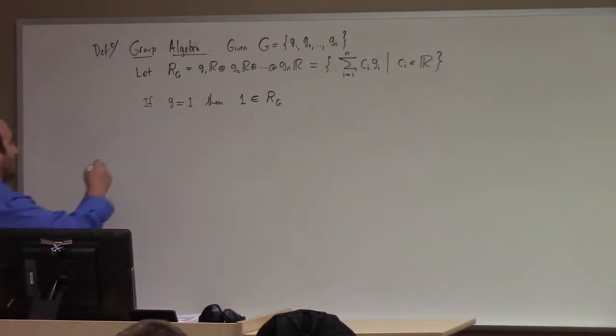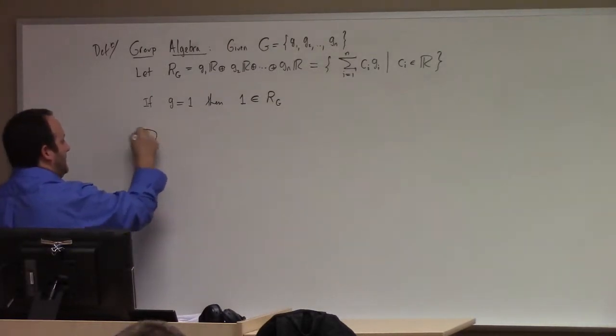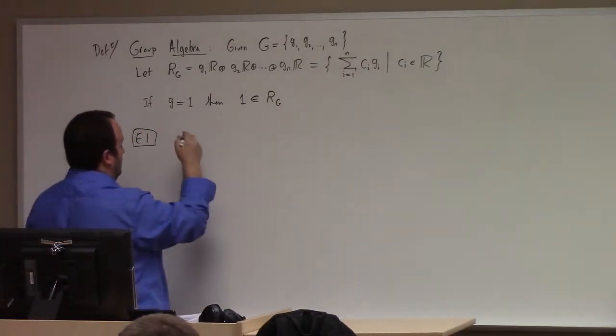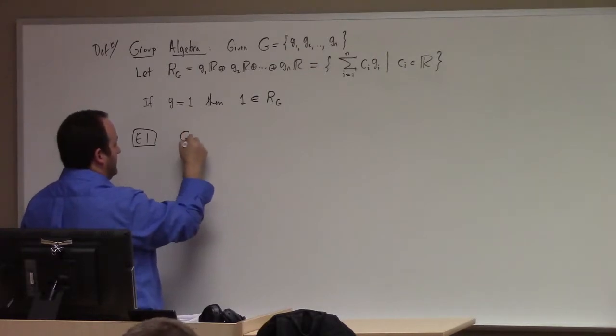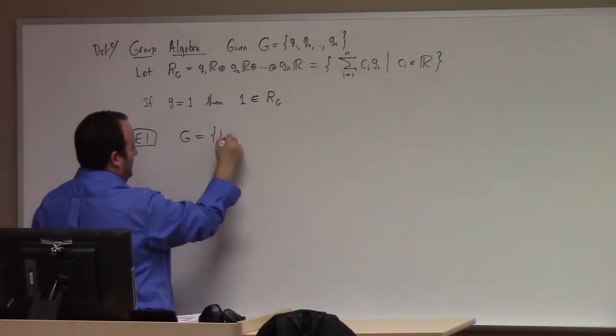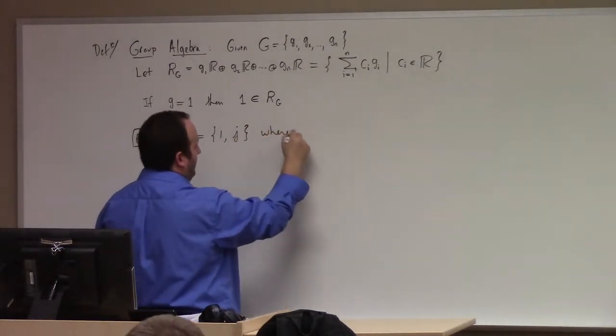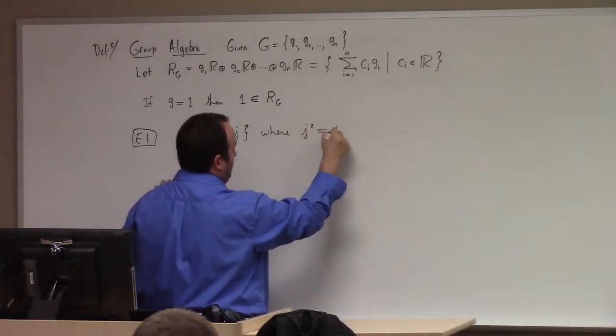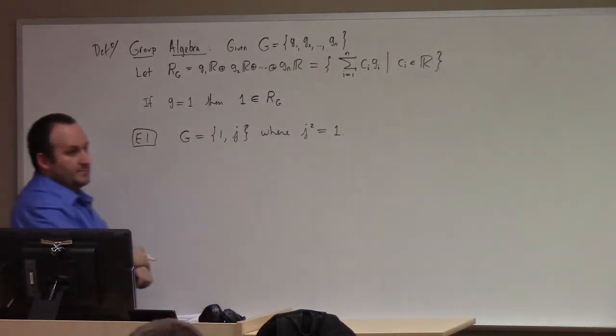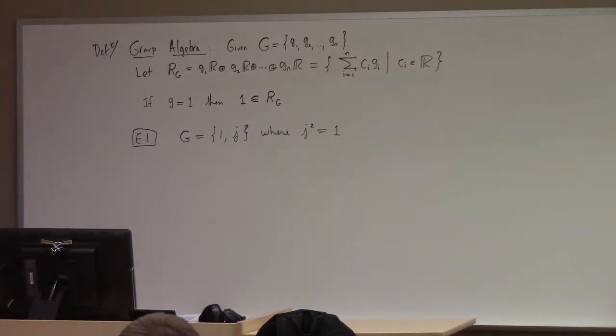For example, if I look at this group, say {1, J}, where J squared equals 1, that's a cyclic group of order 2.